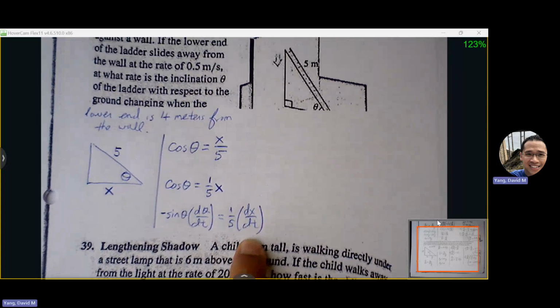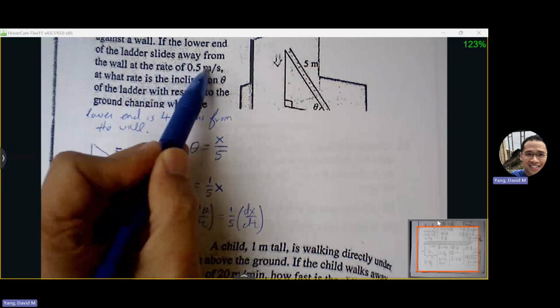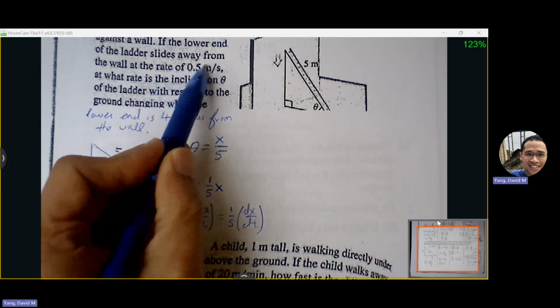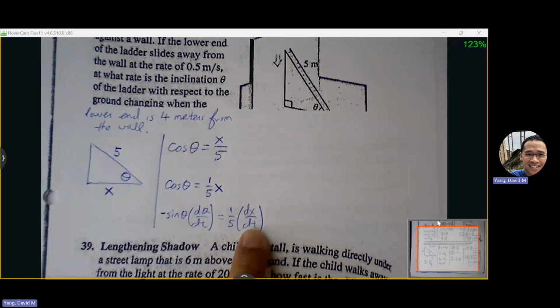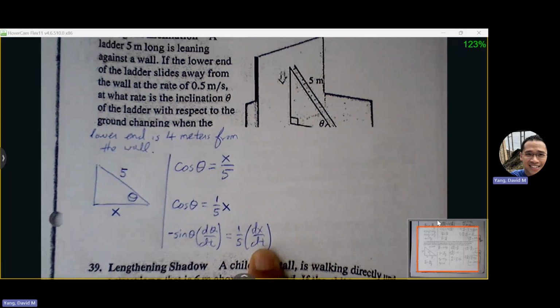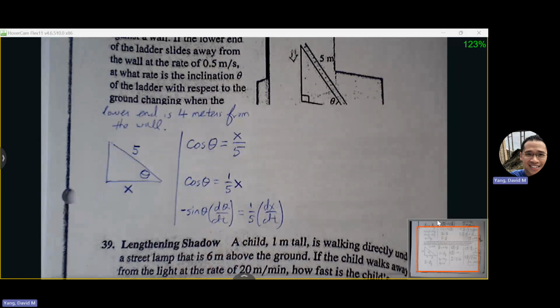Do we know what dx/dt is? 0.5, because it says the lower end is sliding away from the wall. So we know that x is growing at a rate of 0.5 meters per second. So that's great. What are we looking for? d theta/dt.